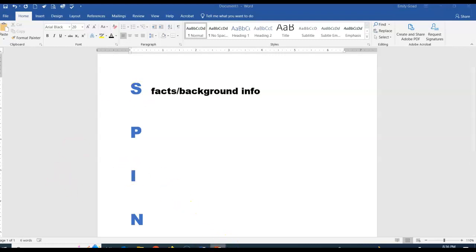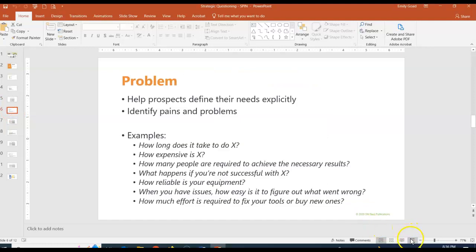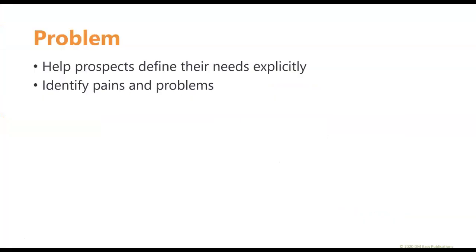So problem questions. With problem questions, you are having the potential buyer explicitly say what their issues are. So what are pain points? What are problems that are going on?